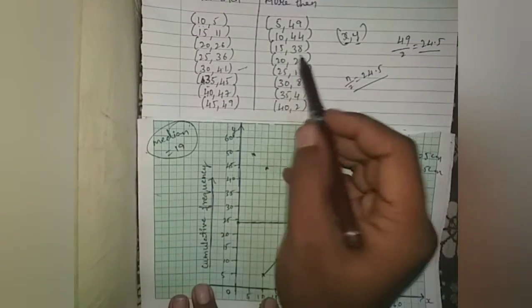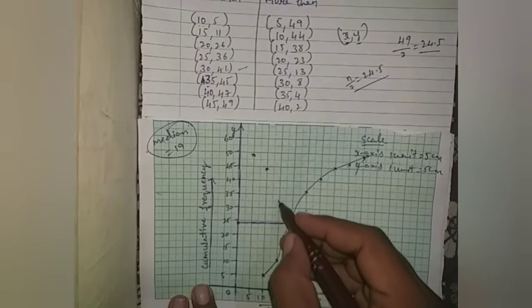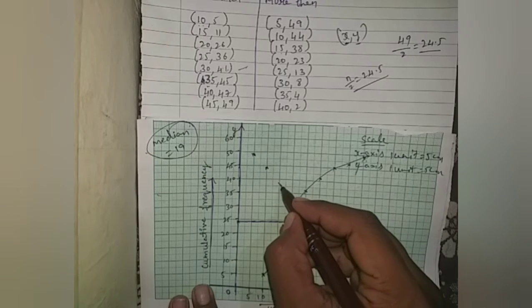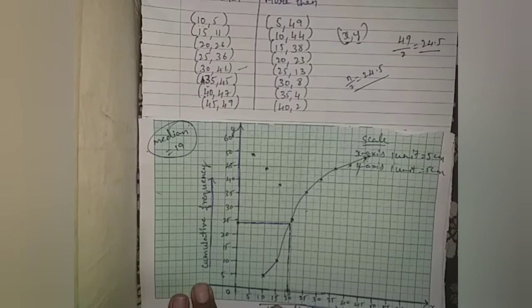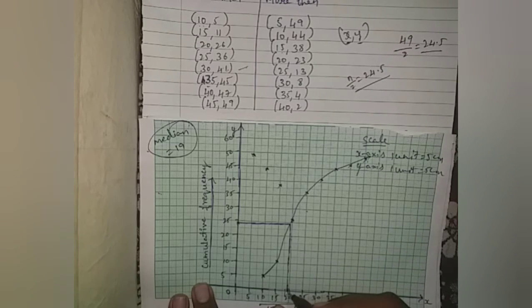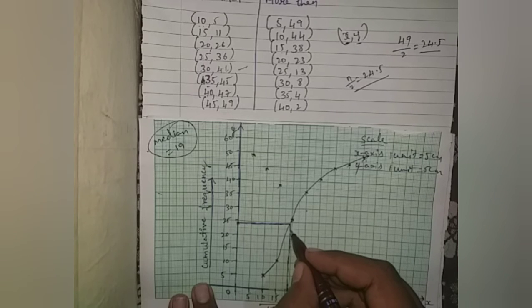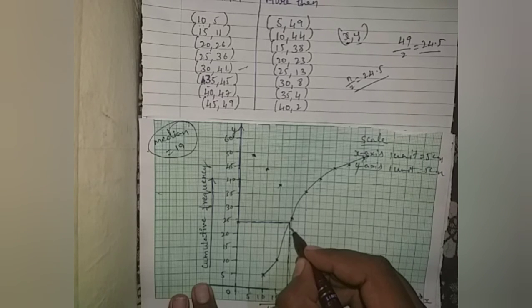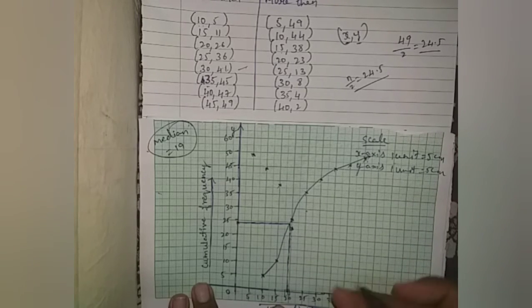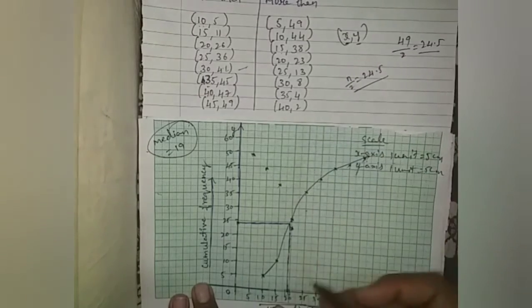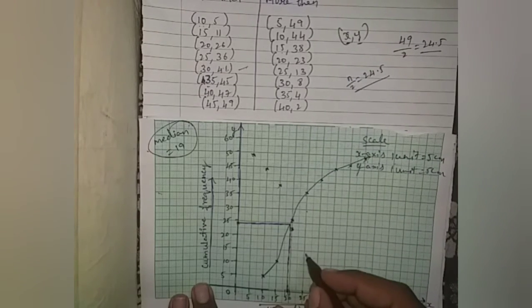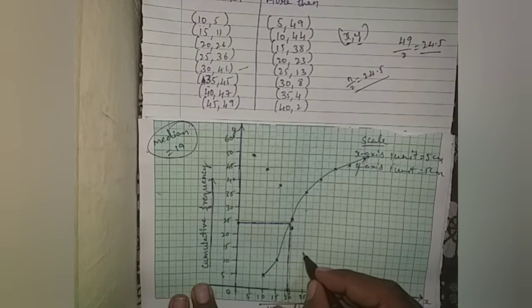Next point is 15 comma 38, you'll get it somewhere here. Okay, next 20 comma 23, somewhere here. So next is 25 comma 13, you get it somewhere here.